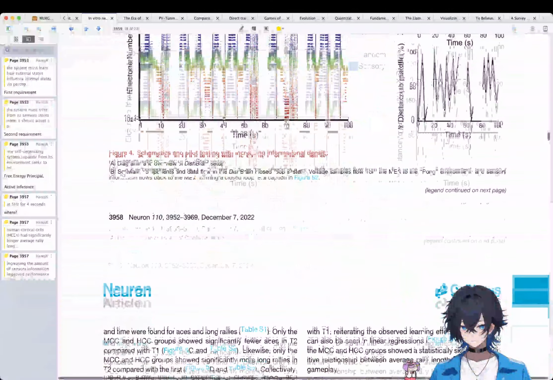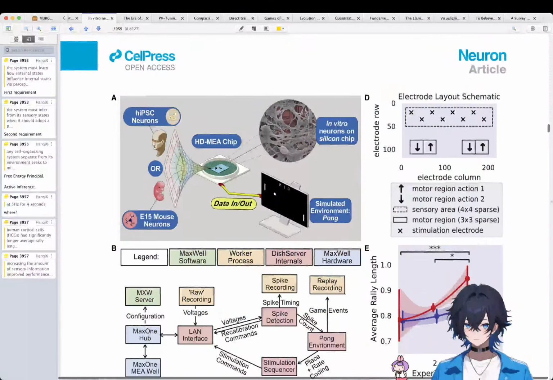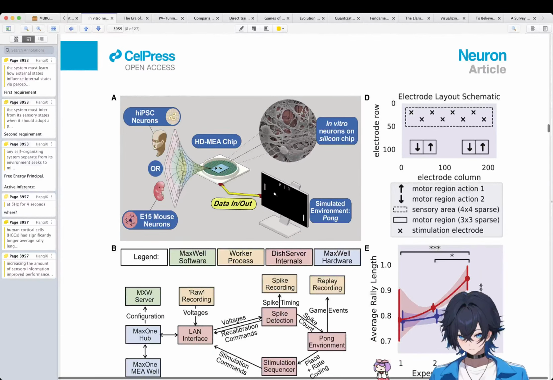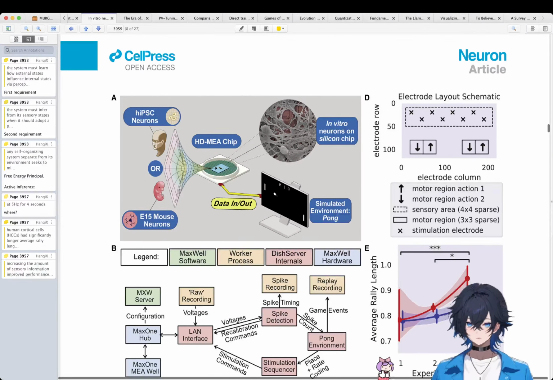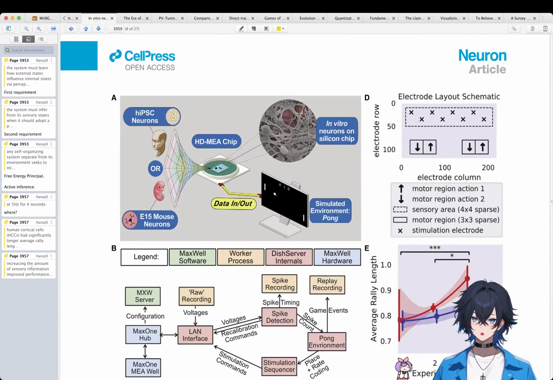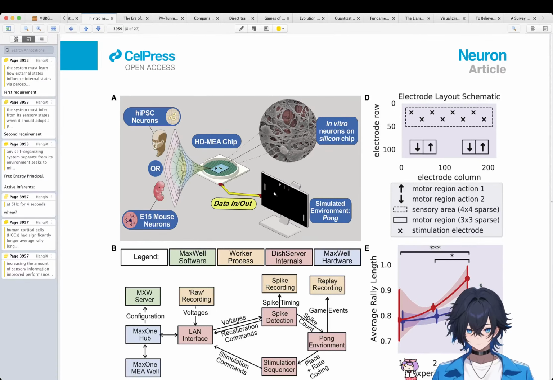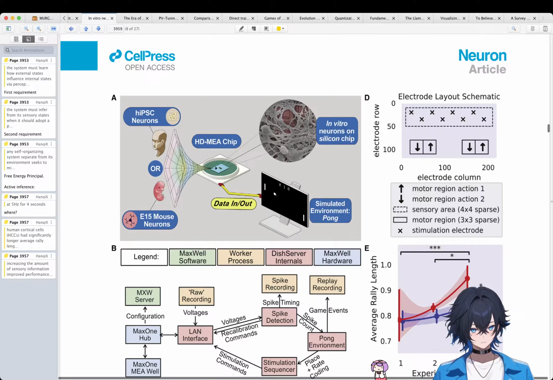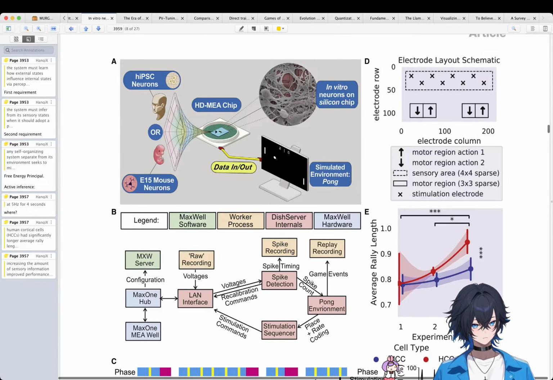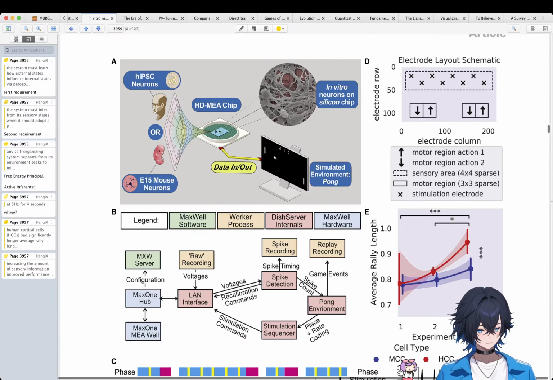Is this figure 4? Yeah. Neurons or mouse neurons. Okay, put it on a chip. Okay, this interfaces with Pong. Electrode row. What is this? Motor region action 1, motor region action 2.